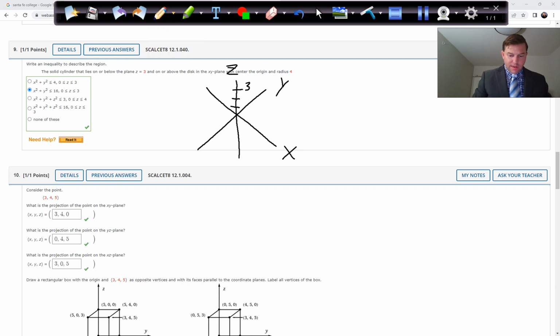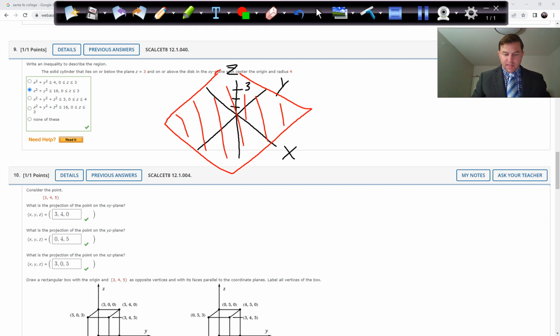And so we've got a plane, it's basically going to be exactly a square. So imagine that's up in the air, 3 units up. And then we have a disk in the xy plane with center at the origin.